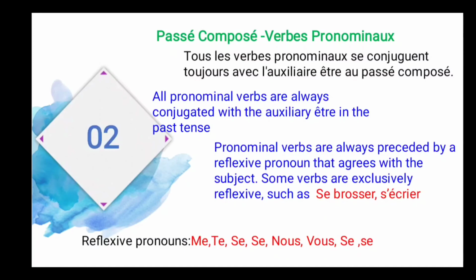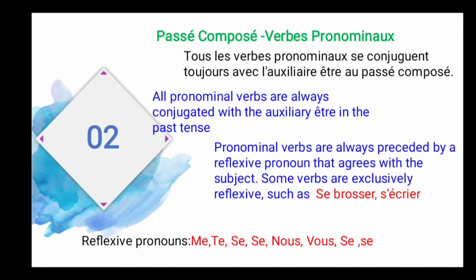So what is a pronominal verb? A pronominal verb is a verb that is accompanied by a reflexive pronoun. What are the reflexive pronouns? Myself, yourself, himself, herself, ourselves, yourselves, themselves.